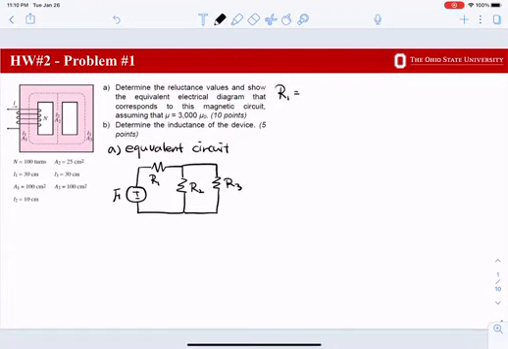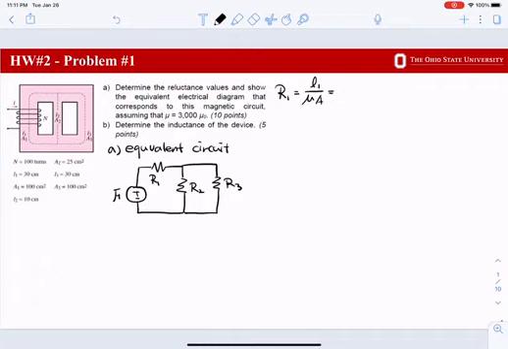What is the definition of reluctance? The definition of reluctance is that R1 equals L1 over mu, the magnetic permeability, times the area.